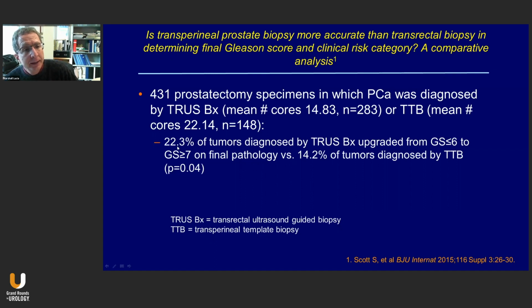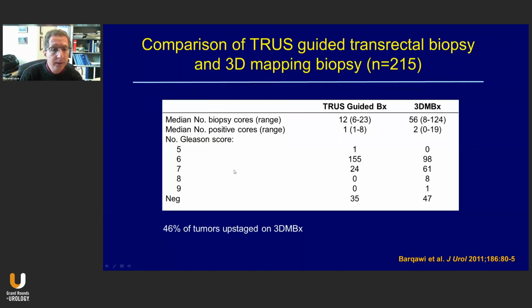But you can also see that in their data, they showed that over 22% of their tumors diagnosed by TRUS biopsy were upgraded from Gleason score 6 or below to Gleason score 7 or above. In other words, grade group 1 to grade group 2 or higher, versus only 14% diagnosed by mapping biopsy, and this reached clinical significance.